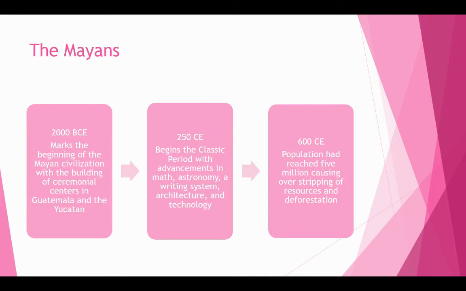We see advancements in math, astronomy, a writing system, architecture, and technology. We talked about some of those innovations when we did our Rise and Fall article on the Mayans on Thursday. I'll go a little more in depth with them now as well, and your weekly reading will cover some of this information too.